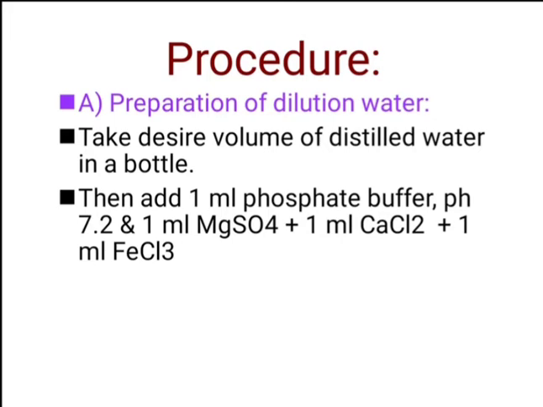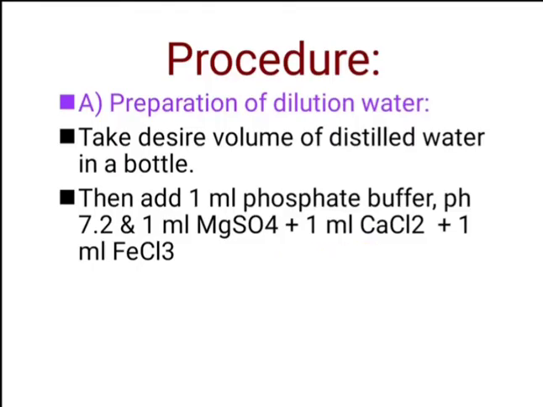Initially we take the desired amount of distilled water in a stopper bottle. Then we have to add 1 ml phosphate buffer, pH 7.2, and 1 ml of magnesium sulfate, 1 ml of calcium chloride and 1 ml of ferric chloride. All these things are taken in the stopper bottle.